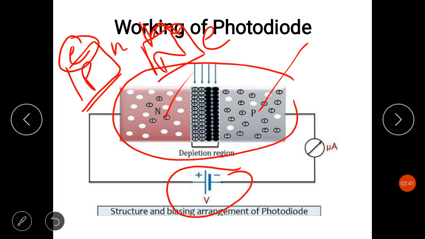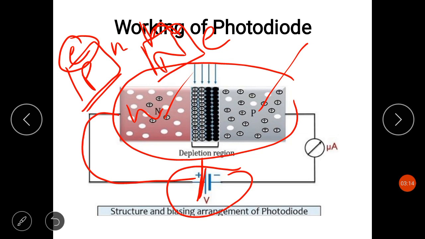So when the photodiode is reverse biased, the minority carriers, that is holes from the n side, will experience a repulsive force from the positive potential of the battery.